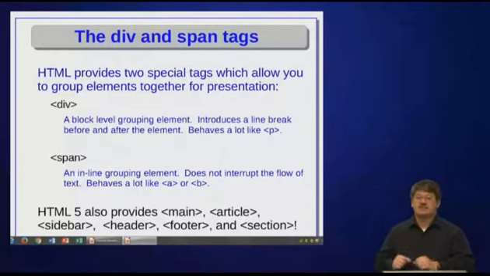There's a sidebar tag to identify related content. We talked about these last week. There's a header and a footer tag, and there's also a section tag that you can use to separate the major sections of your web page. So the purpose of adding all these tags really had nothing to do with the display of the content, except that it groups them in a particular way so that it's easy to apply style sheets to them.